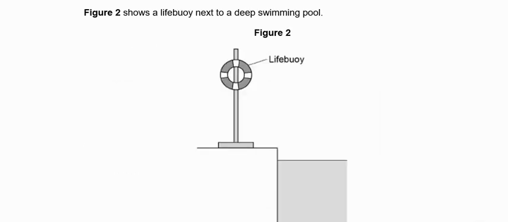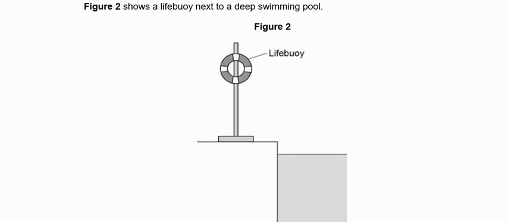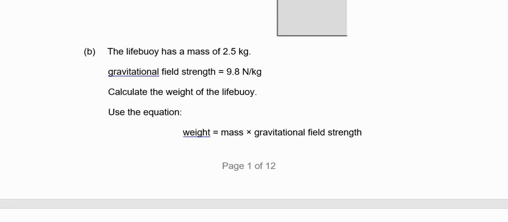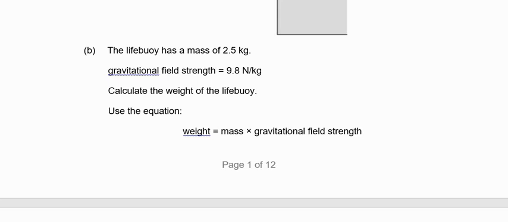Figure 2 is not particularly useful. Sometimes you'll find figures like this in exam papers that don't really tell us any extra information that we don't already have. Question 1b is an example of a question where you are given an equation and expected to use it. Weight is mass times gravitational field strength.